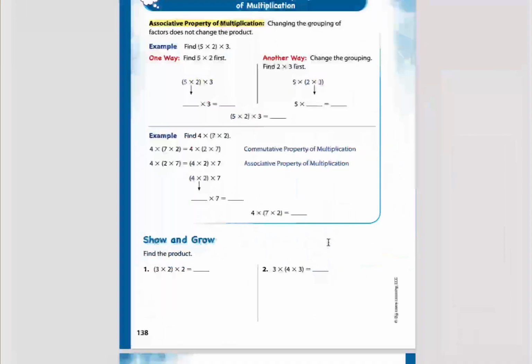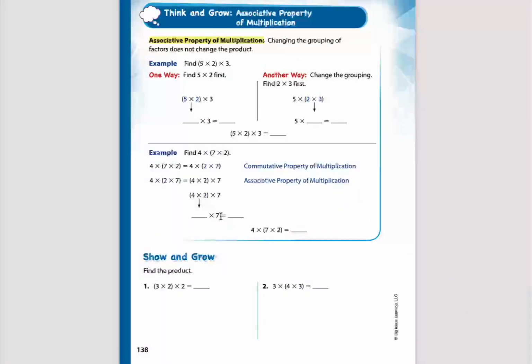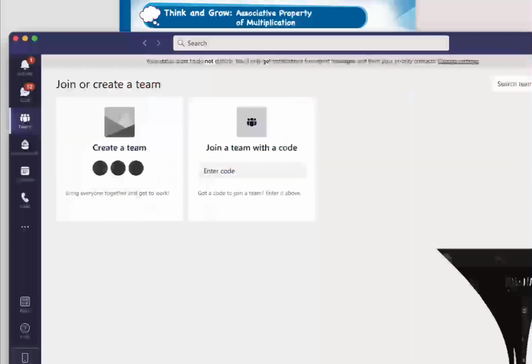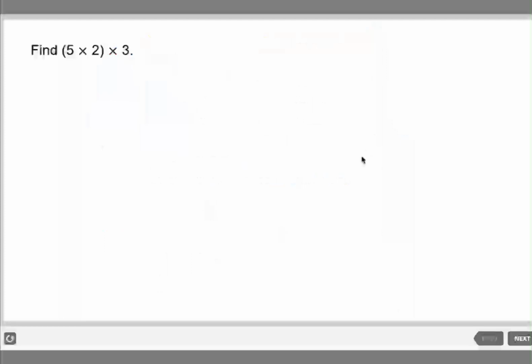We have an example here in this page. So we start with this one. Okay, so let's start with this example.